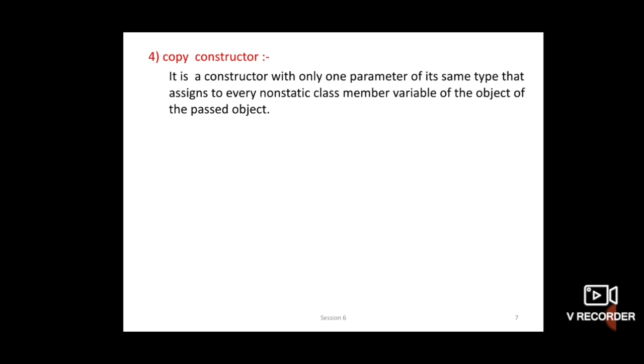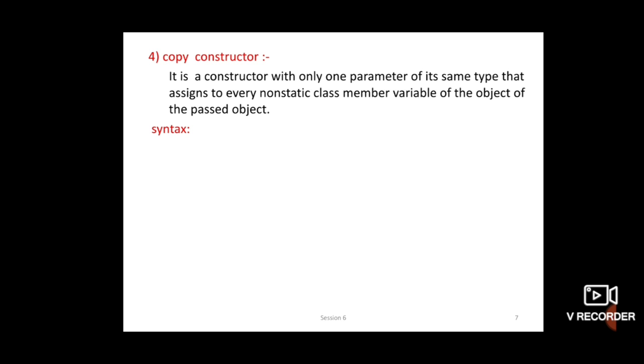Second, return of an object as a by-value parameter of a function. And third, stating the object as a by-value parameter of a function. In these situations, we use the copy constructor.